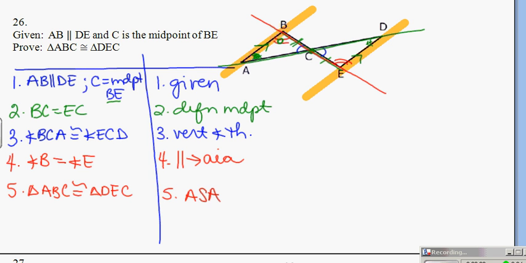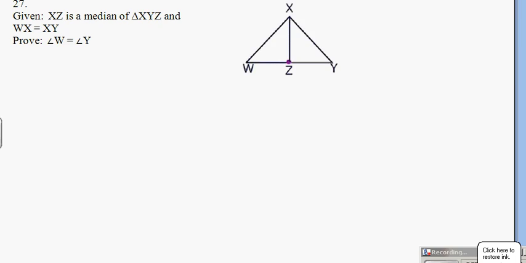So you can use the 2 alternate interior angles for angle, angle, side, or you can use the vertical angle and this alternate interior angle for angle, angle, side, or how we did it with angle, side, angle. They are all correct. Another key point, these 3 steps can be given in any order. They don't have to be in this order. You just have to do steps 2, 3, and 4 before you can say step 5. On to 27.